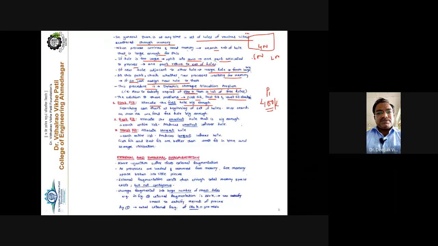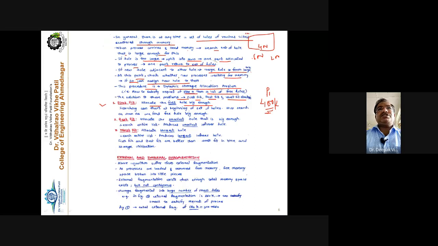The operating system searches the memory, and any hole which is big enough to accommodate this 400K is immediately allocated to that process. Say the hole size available is 500K. Immediately that 500K hole is given to the process, 400K is allocated, and 100K remains as free space in the form of a hole. That is called the first fit strategy.